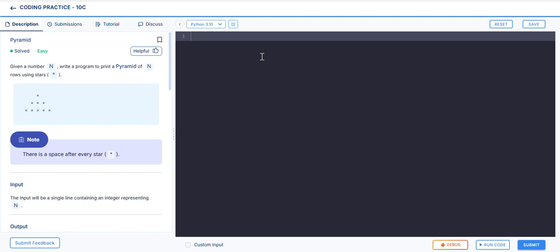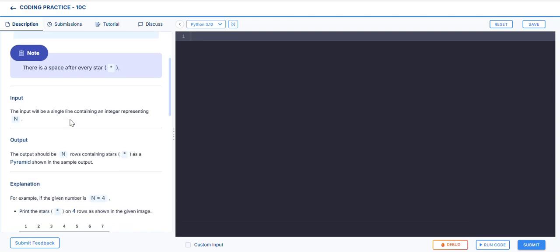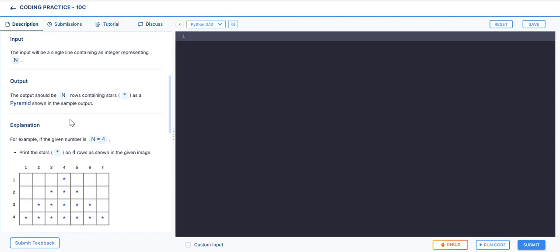Once you look into this problem, in the first line there will be space and one star, in the second line it will be three stars and space, and in the third line it should be five stars and no space.